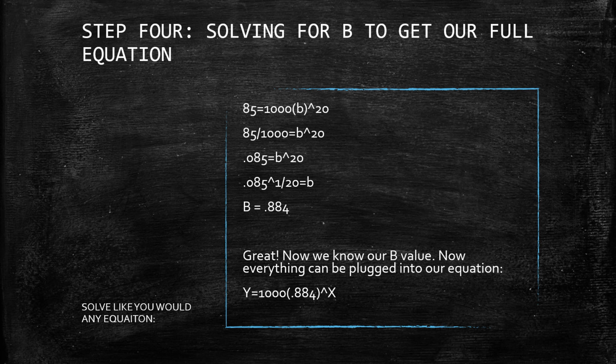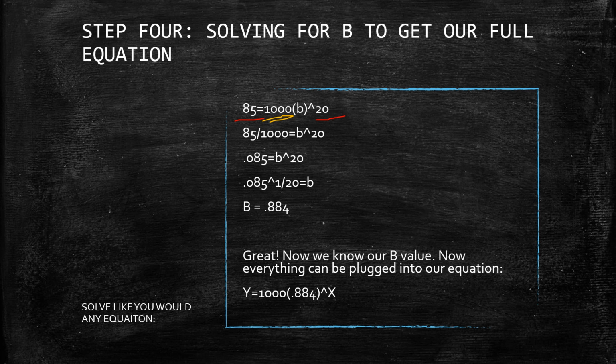Step 4. Solving for b to get our equation. So you basically want to solve for b the way that you would solve for any x in an algebraic equation. So we have subbed in 85 for our y value and 20 where our x was, and then again we still have 1000 as our a value.